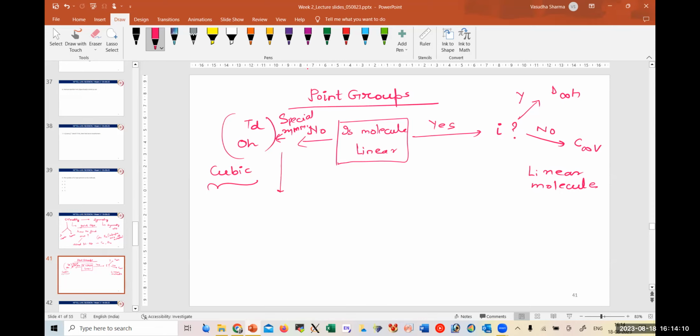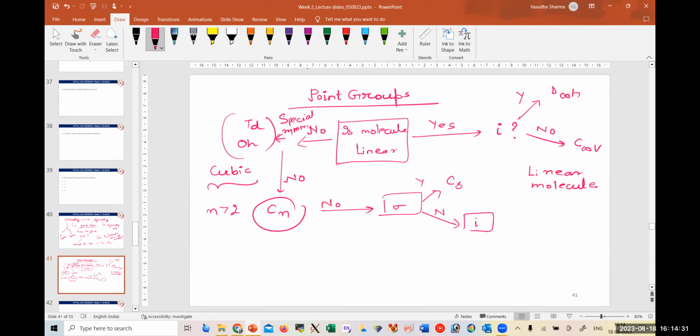After that, if this is a no, then we need to see whether Cn is there or not, where n is greater than 2. If the answer is no, then we will see whether sigma is present. If yes, then it is called the Cs point group. If no, then we need to see whether an inversion center is there or not. If yes, then it is Ci.